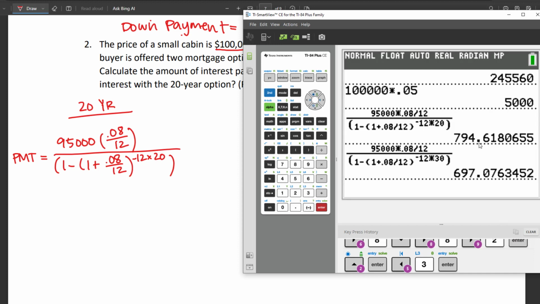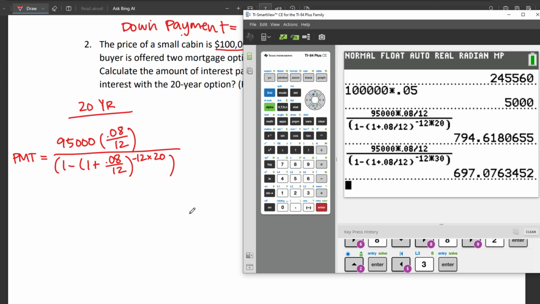All right, so we have two different payments. We have $794.62 and then $697.07. So these payments are not that different. They're only about $100 off. So if you were to do the 20-year route, you would only pay about $100 more a month, which doesn't sound that bad.